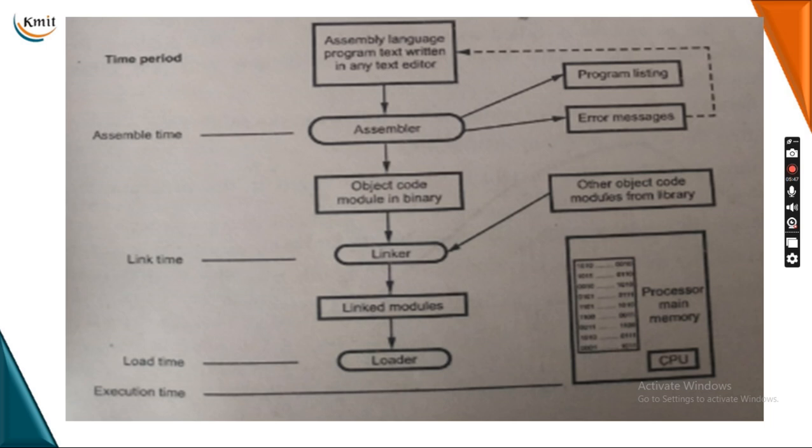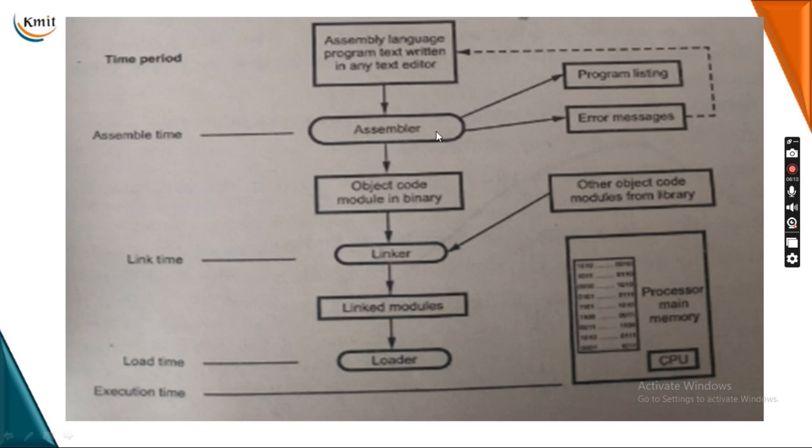So how does it work? First, the editor. The editor is nothing but the assembly language program text written in any text editor, which we save as .asm. When we save it as .asm, it goes to the assembler.